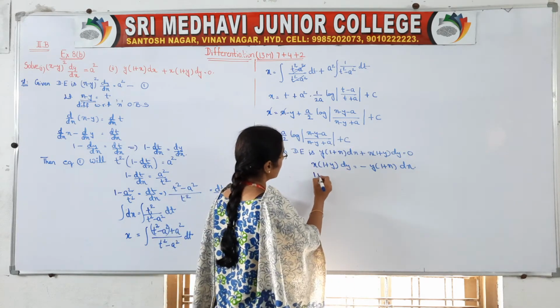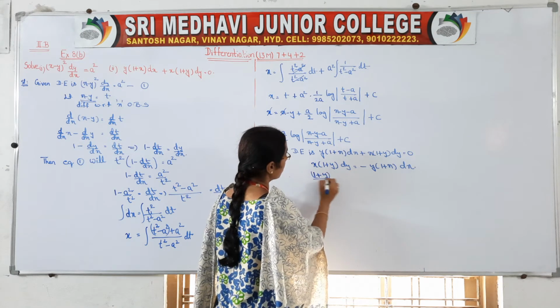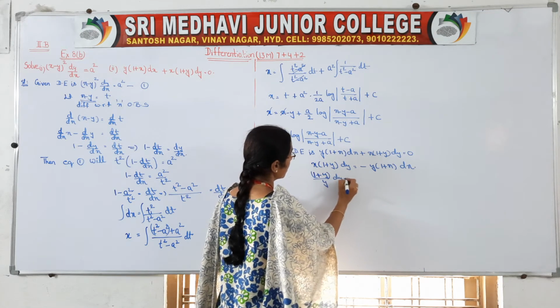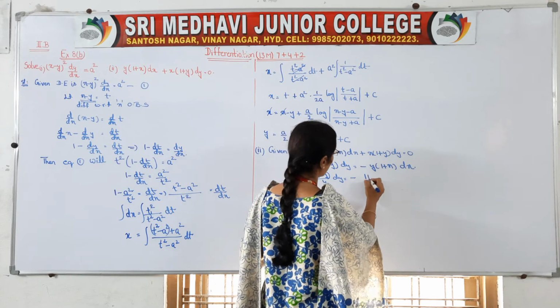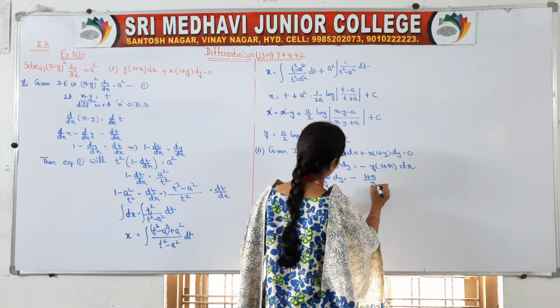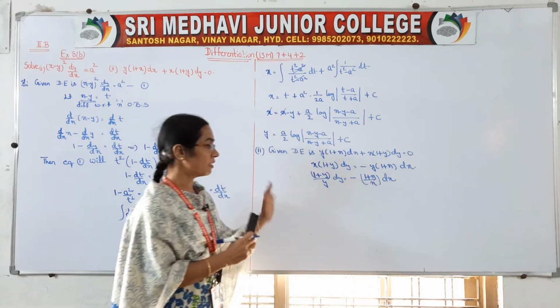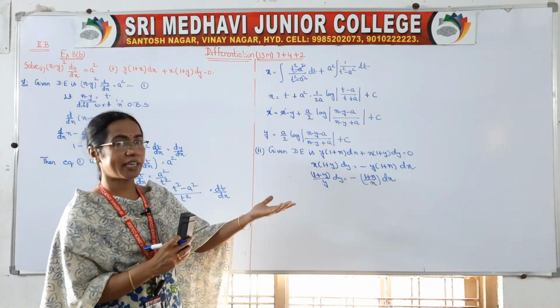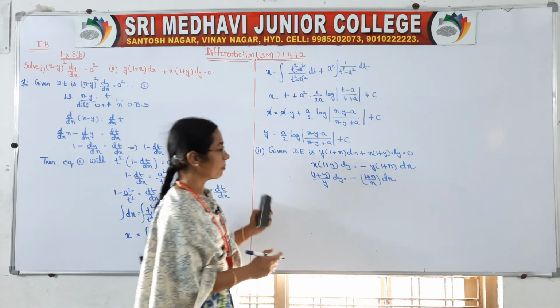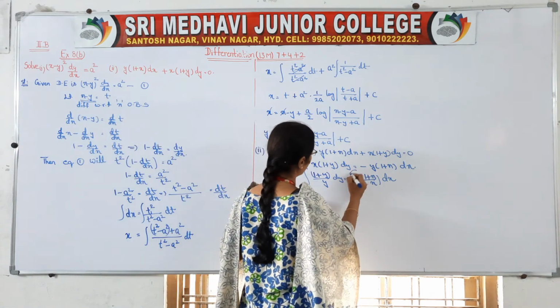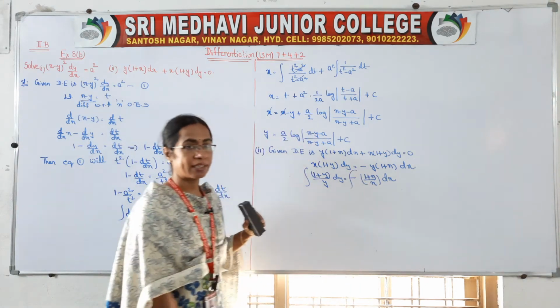So it is (1 + y)/y dy is equal to minus of (1 + x)/x dx. Now perfectly all the y terms are with dy, all the x terms with dx, in our form. Once it is in our form, we can take the integral.